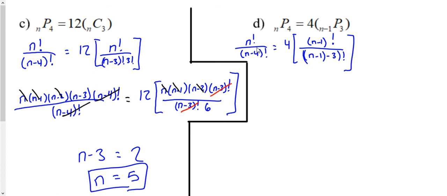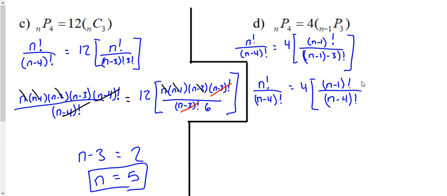Starting on the left, there's nothing really to do yet. Let's clean up the right side before we start messing around with both sides. So we'd have n factorial divided by n minus 4 factorial. That's all equal to 4, still on the outside of a bracket, with n minus 1 numerator factorial and a denominator of n minus 4 factorial.